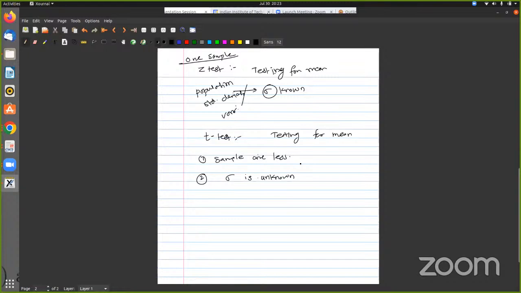But in our case, you can think like this: if we have sigma known, then we'll use z-test. If you don't know sigma, then we'll use t-test, irrespective of the sample size for now.